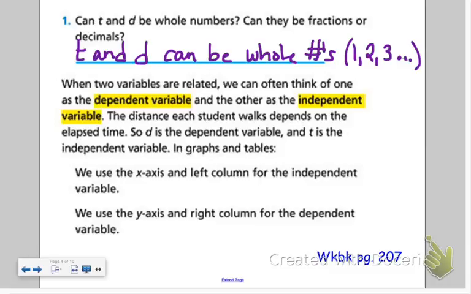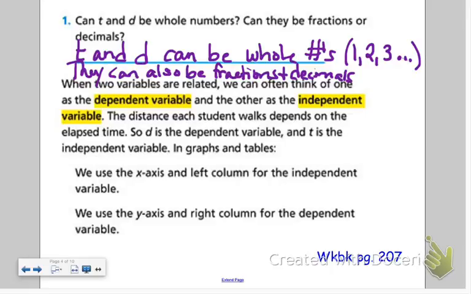Can they be fractions or decimals? Yes, they can. They can also be fractions and decimals. So for example, time. Could you have maybe even 1.5 seconds or 5 3/4 seconds?